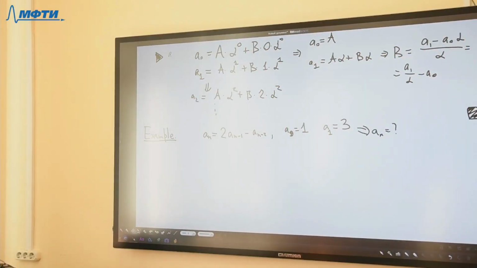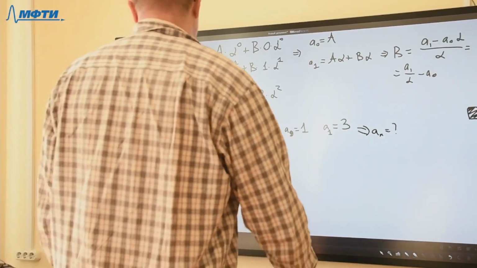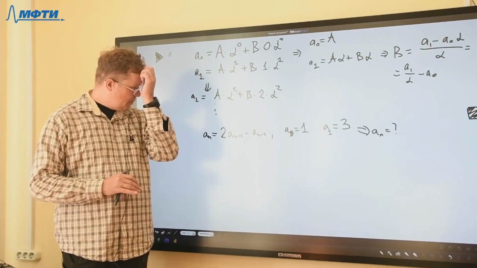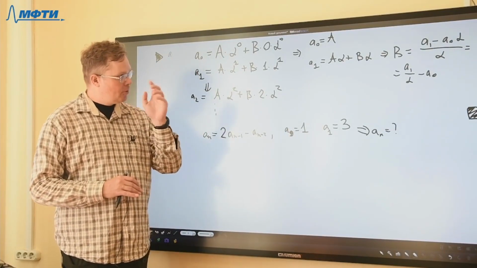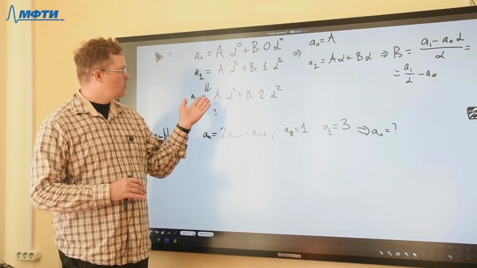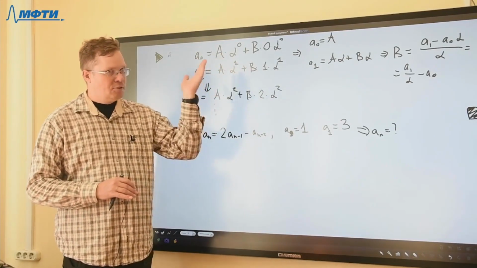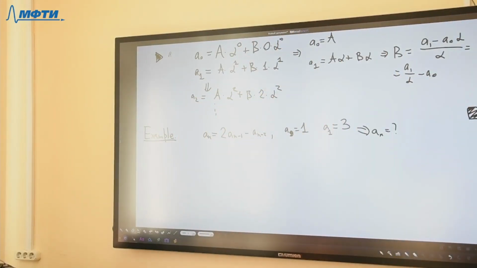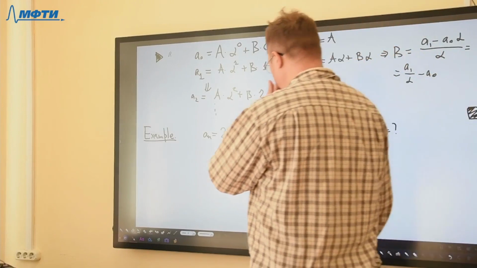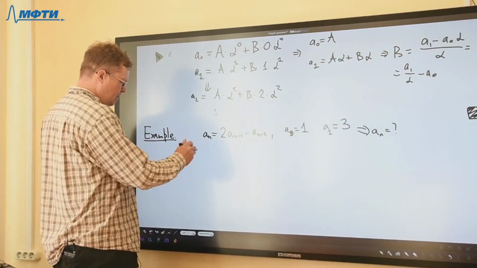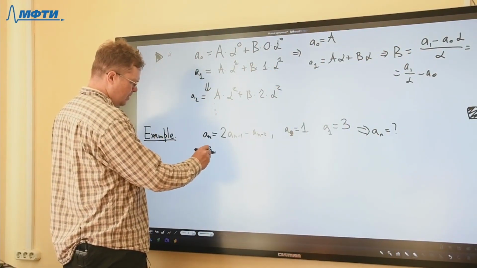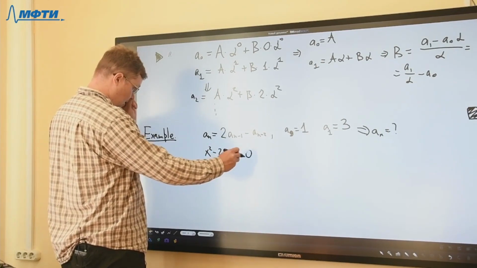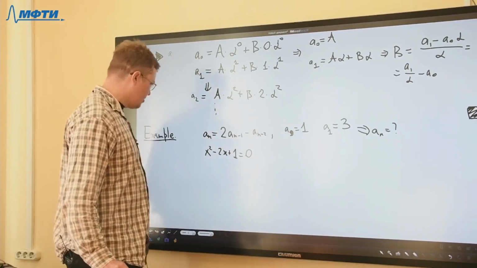Yes, first of all, you need to find the characteristic polynomial. Then you need to find the roots of this polynomial. If we have one multiple root, you can find a and b just using this formula. So if you write the characteristic polynomial, you will have x squared minus 2x plus 1, and if you find the discriminant, I think you will have 0.